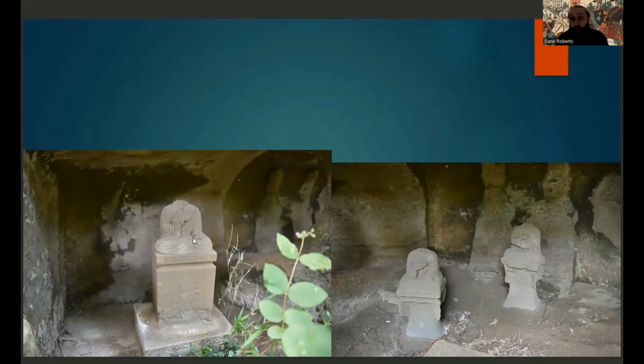Now, Buddhism still is a major religion in Japan, and Buddhism still held some authority in the Meiji era, but this was definitely a dark time for it.